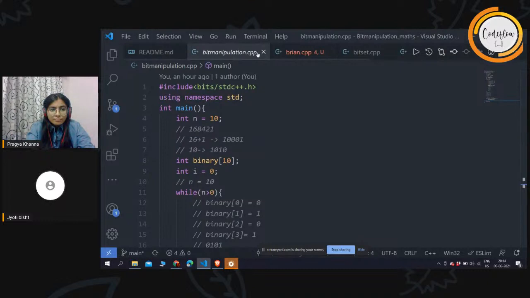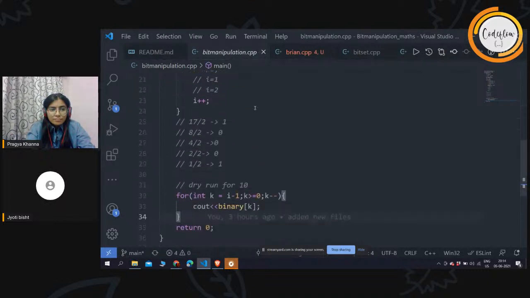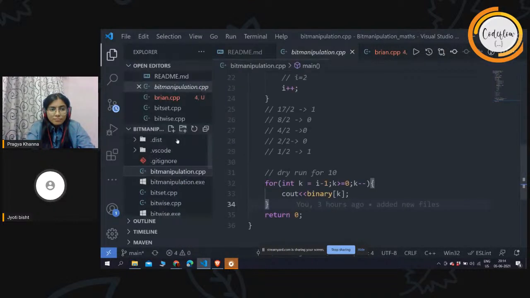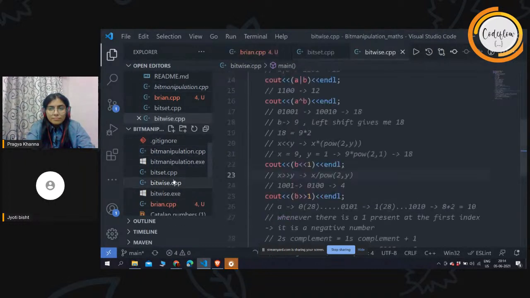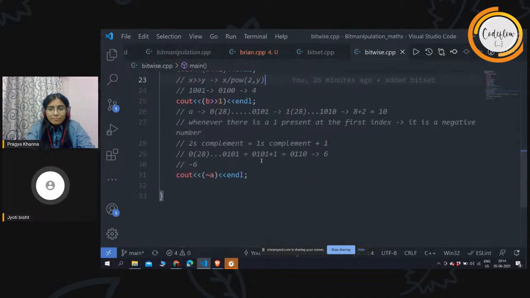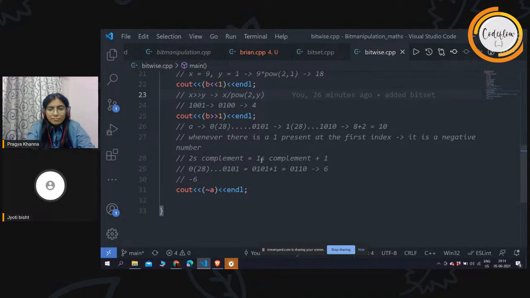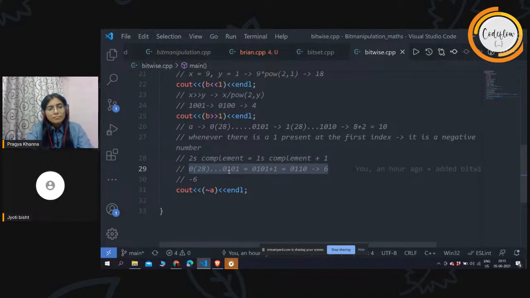Where did I put it? I put it in Bitwise, I guess. This one. I'm just saying when a number stores a negative number, it is similar to 2's complement, okay? So I'll just find out 2's complement again, and whatever it will be my answer, okay?